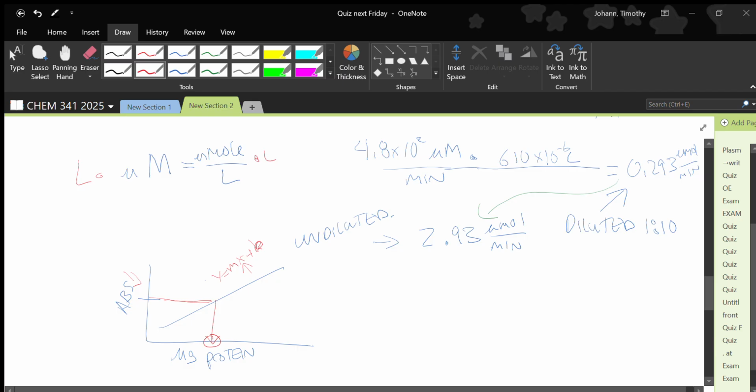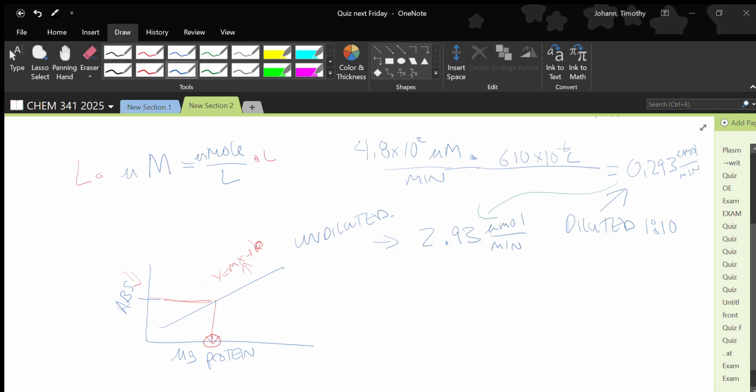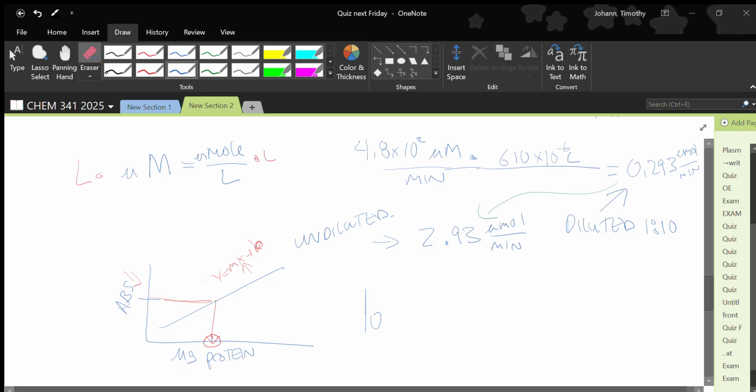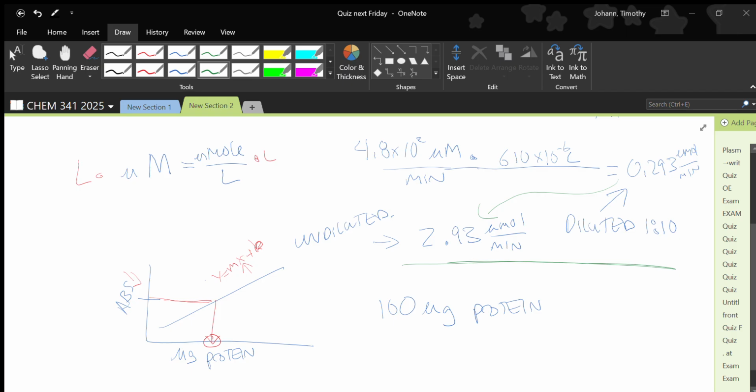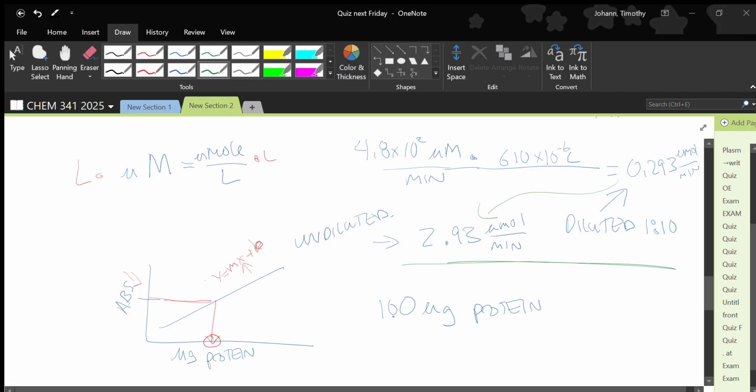Let's assume you ended up with 100 micrograms protein in whatever this sample was. Let's say it's your LDH fraction. So I've got 100 micrograms of protein. Let me underline those so I keep some extra significant figures.